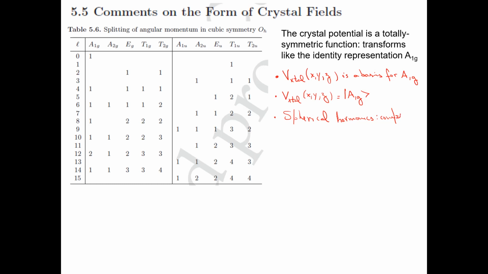It's a complete basis. So that means that I can expand any function, even V crystal, as a linear combination of spherical harmonics with some coefficients A_LM and Y_LM of theta and phi.